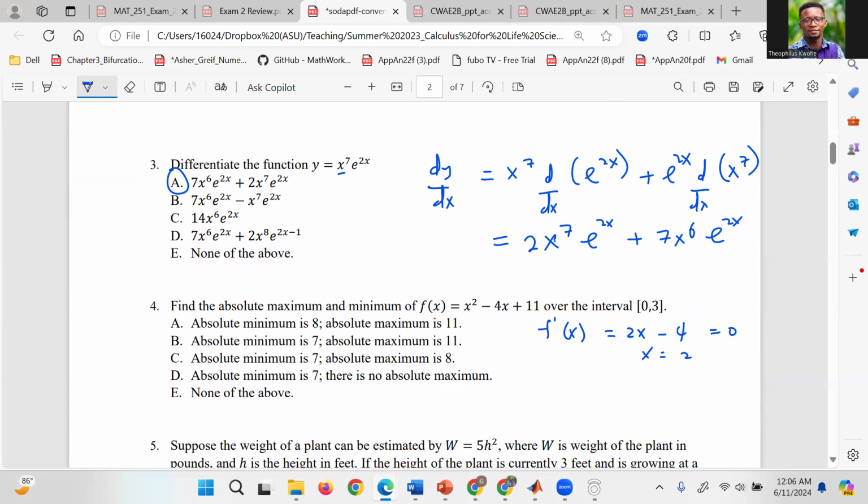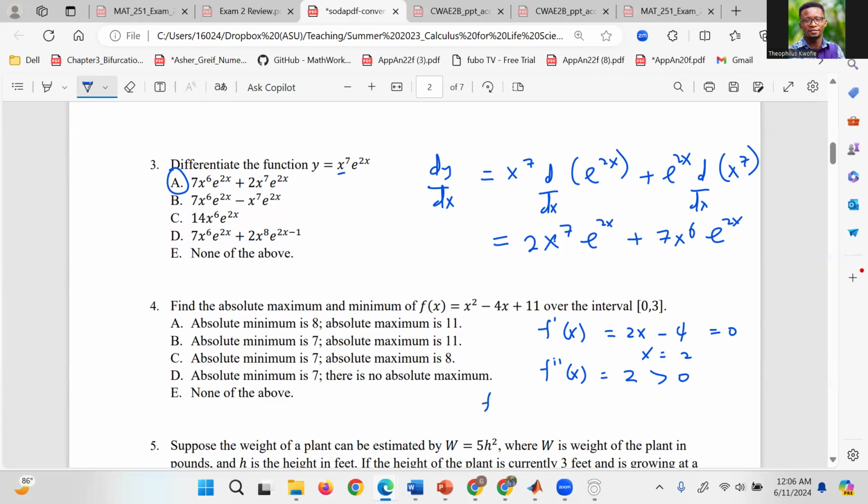Then we find the second derivative, which will be 2. When we plug in the critical point, this result will be positive, which implies we're going to have a relative minimum.